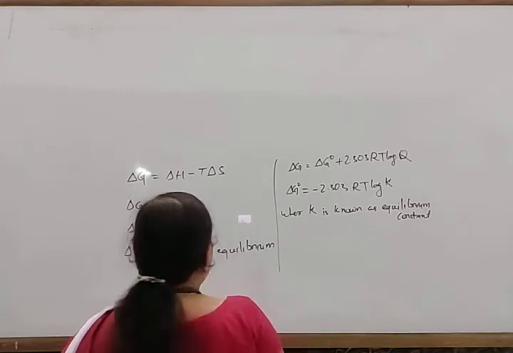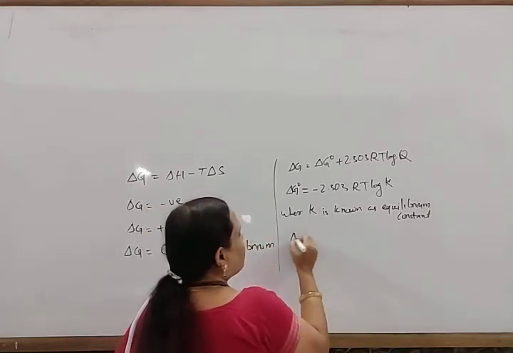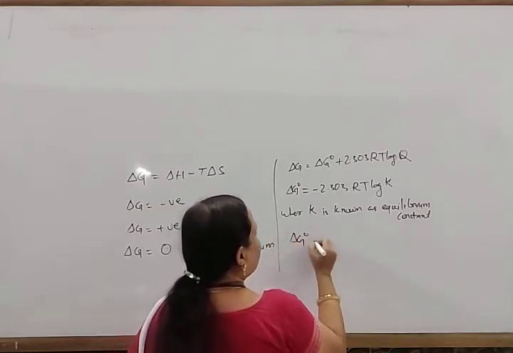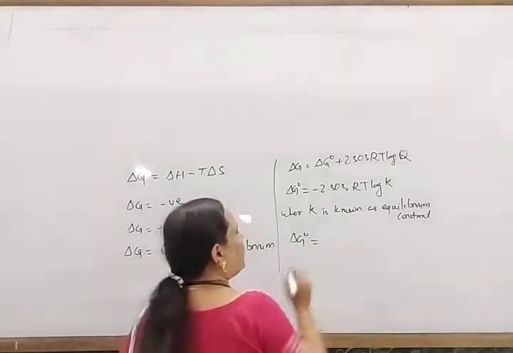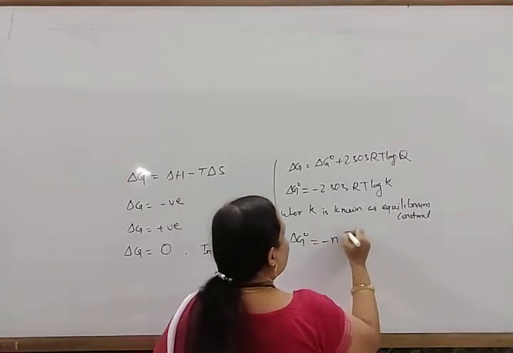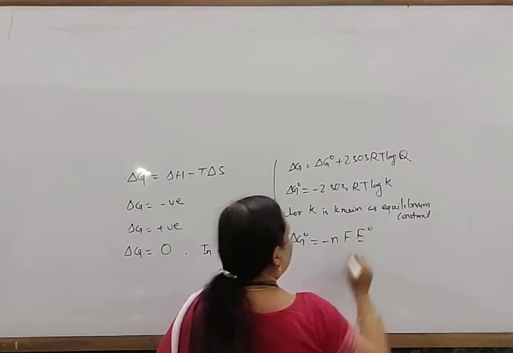And also we have another equation, that is delta G naught is equal to minus nFE naught.